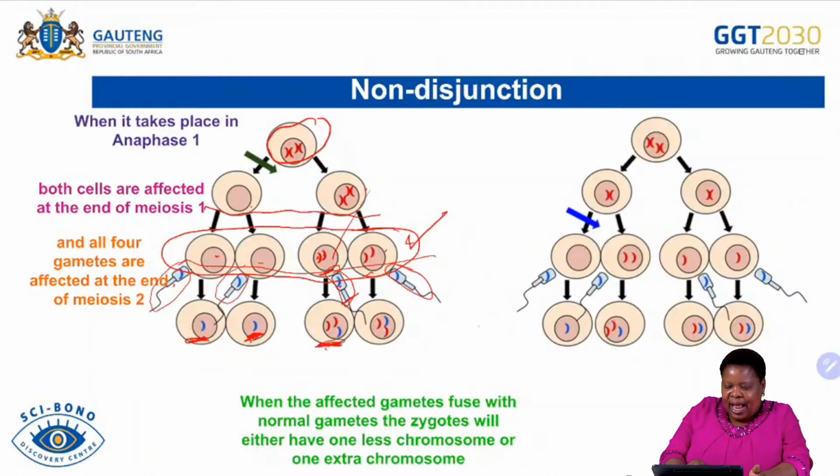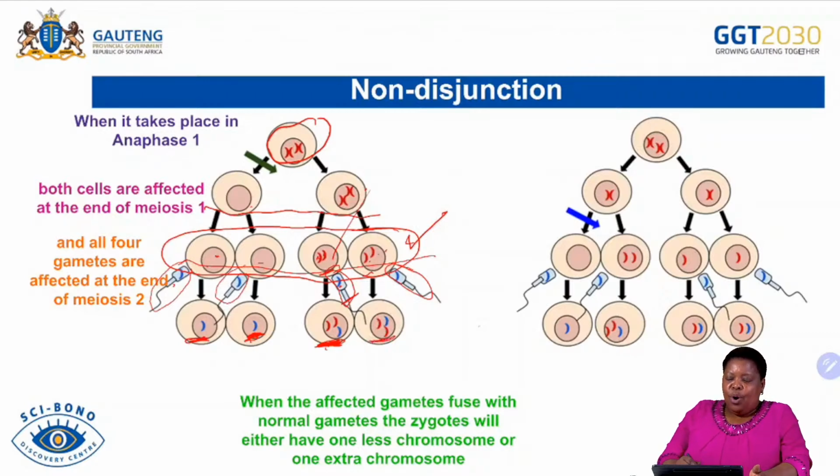Then the result, the zygote is going to have 3 chromosomes. Check the last one. We've got 2 here, and then from the sperm cell, we've got 1. Then when this sperm cell, which is normal, fuses with the affected gamete, what is going to result? We're going to have then 1, 2, 3 chromosomes.